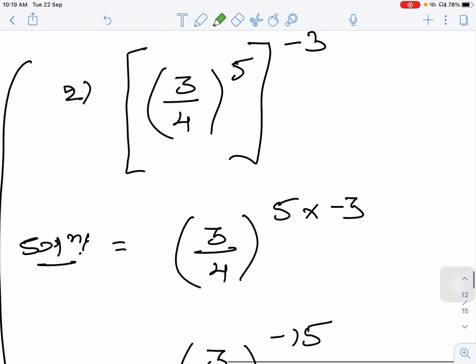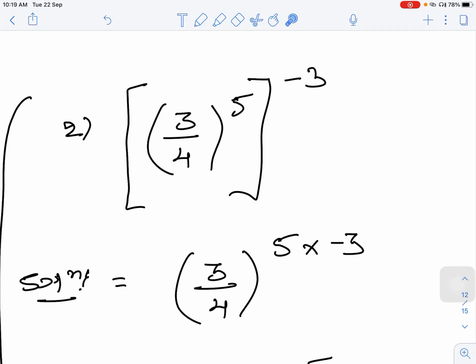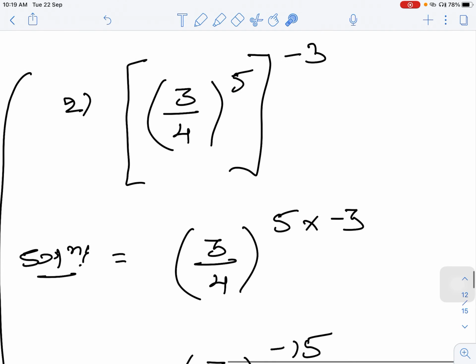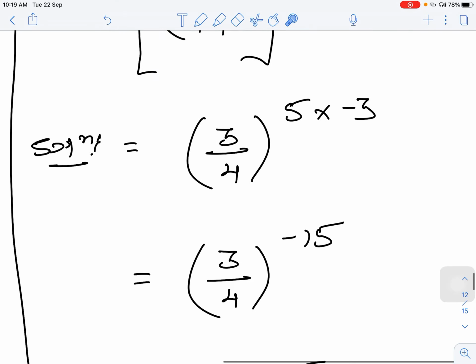So now here we have ((3/4)^5)^-3. Now remember that we have to follow the same rule of multiplication of powers. So our next step will be (3/4)^(5 into -3). Now here our regular multiplication, so plus into minus will become minus, and 5 threes are 15.